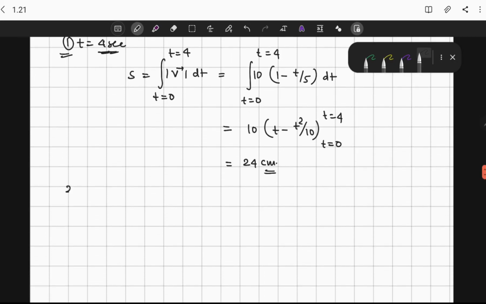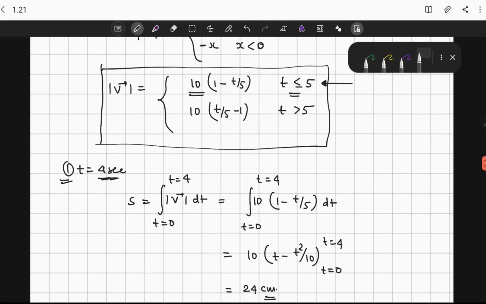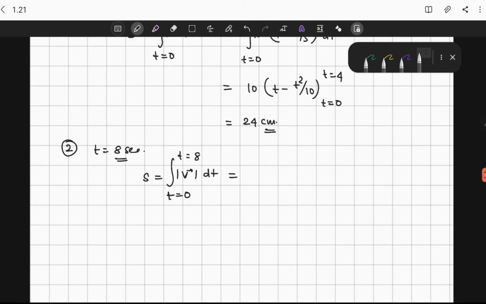Now the next part is saying to find the distance till t equal to 8 seconds. For that we can write distance is equal to speed into dt, integral from t equal to 0 to t equal to 8 seconds. Now we have to divide this speed into two parts, because the expression of speed is different in different regions of time.